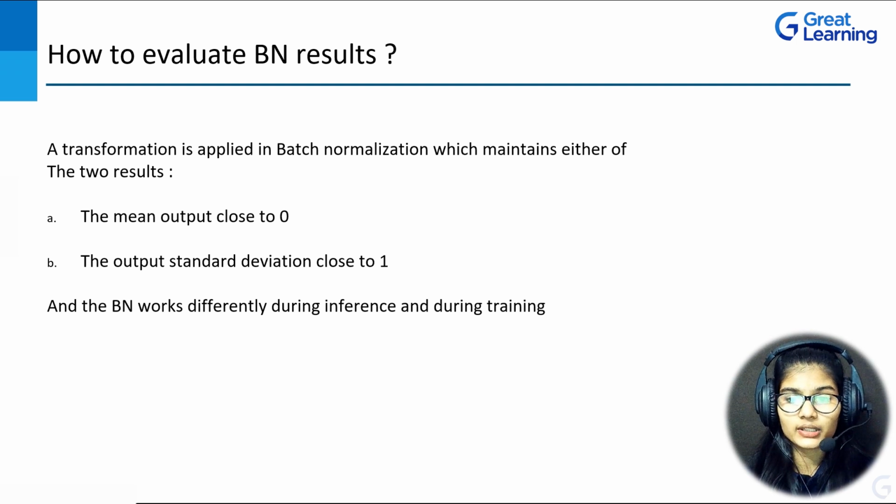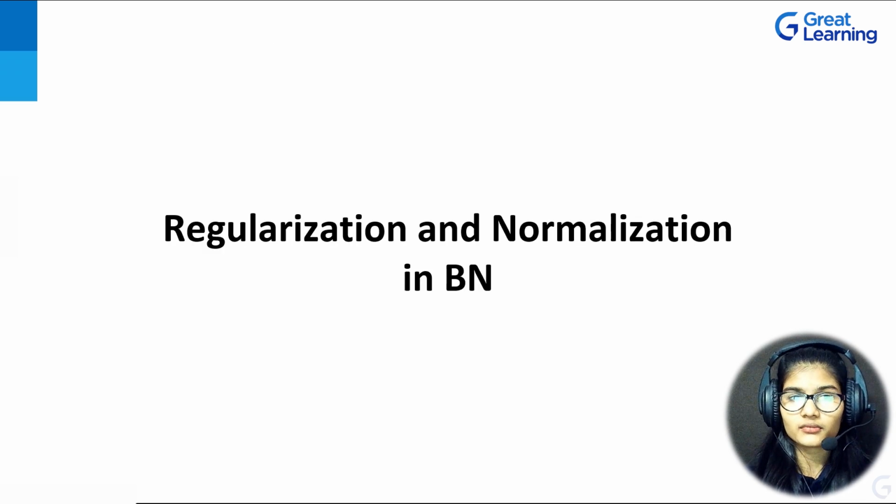These are the two things it maintains whenever a transformation is applied in batch normalization. And batch normalization works completely differently during inference and during training. In both cases, it works in a different manner.